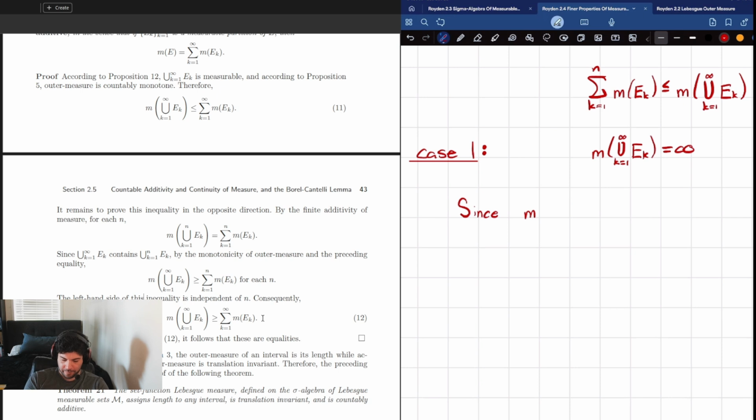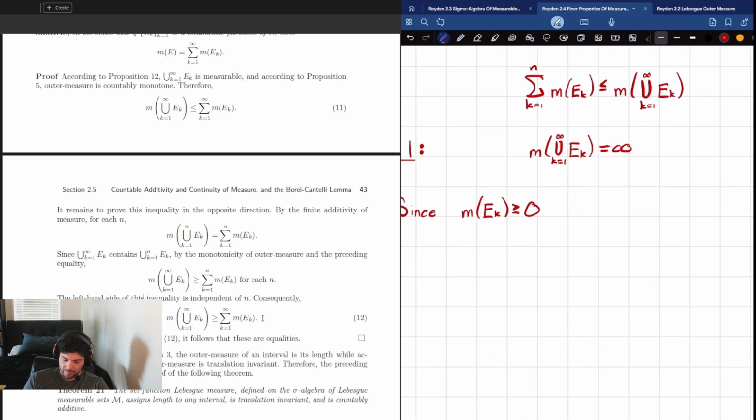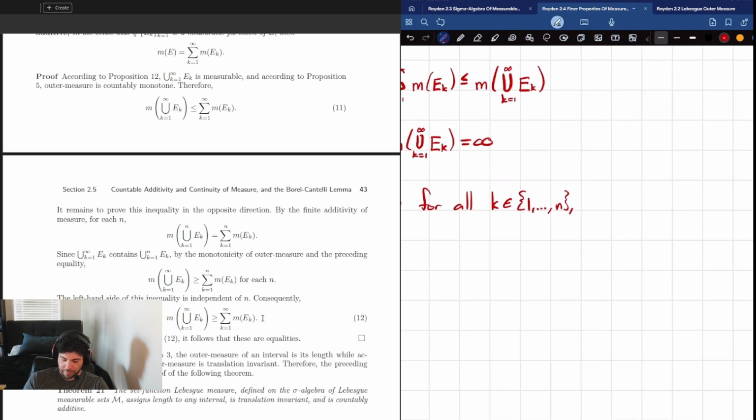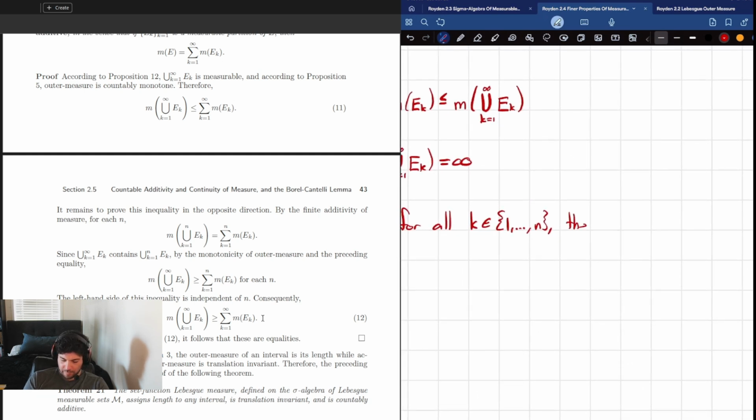Since m is greater than or equal to 0 for all k, then this is positive.